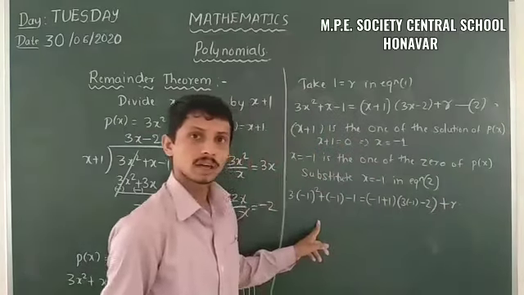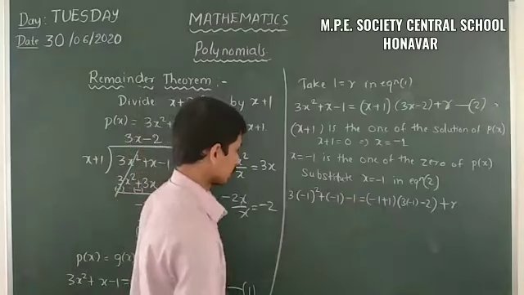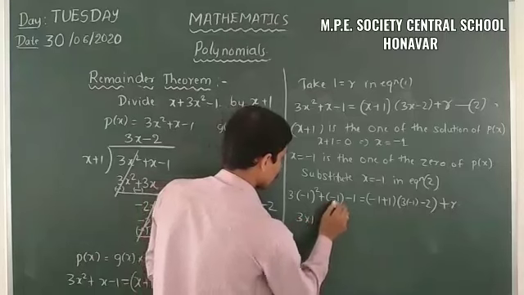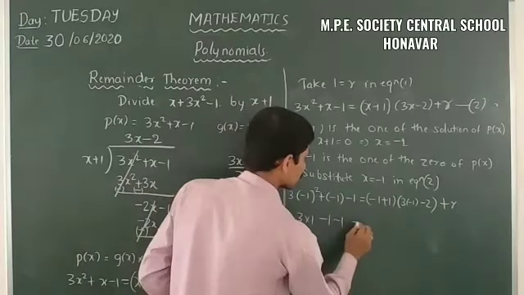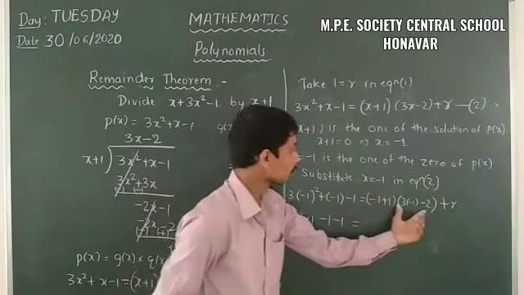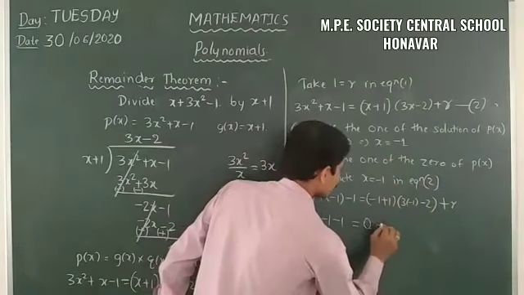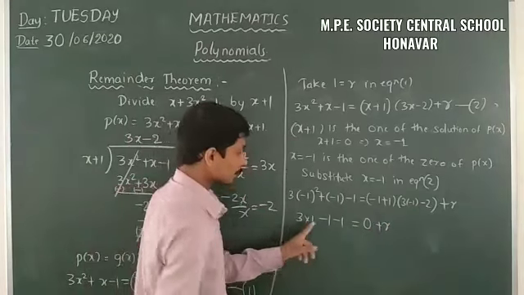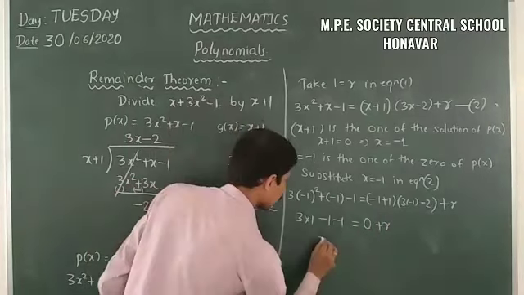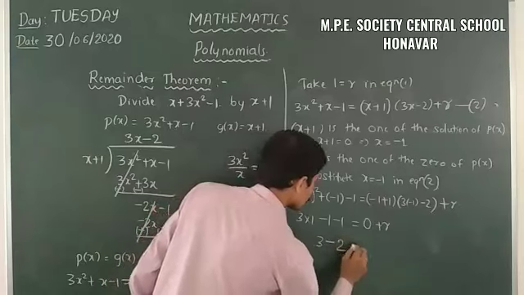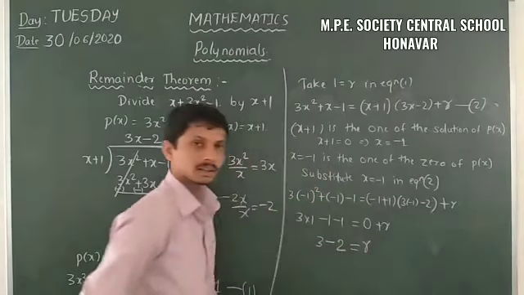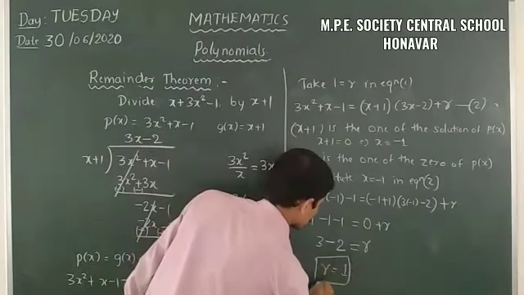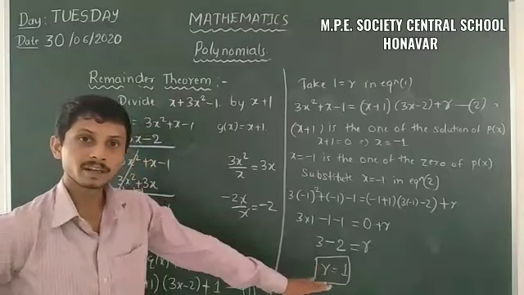We don't know r, so we have to find out that term. So 3 into minus 1 square means 3 into 1, 3 minus 1 minus 1 is equal to, minus 1 plus 1 is 0, the whole term vanishes, plus 0 plus r. So then 3 minus 2 is equal to r here, then r is equal to 1. So here we got the remainder as 1.